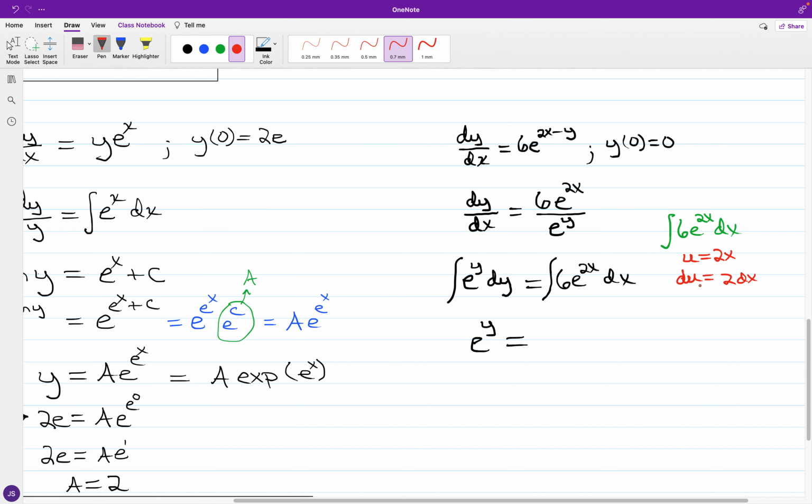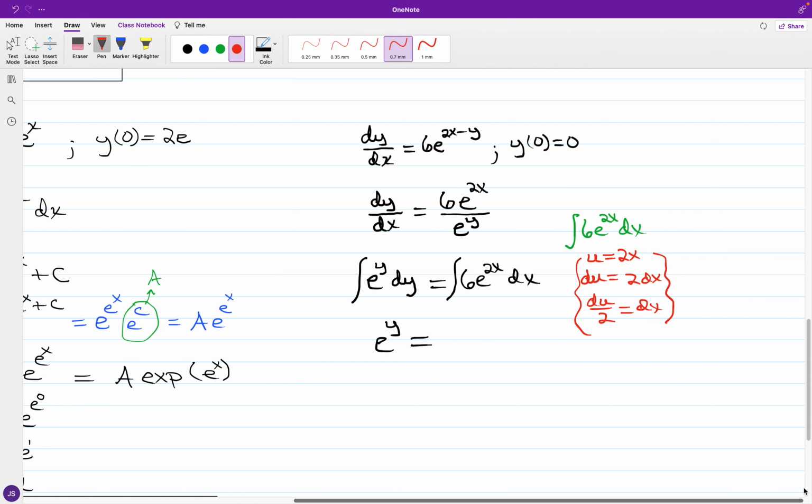So just taking the differential, du is equal to 2 dx, and du over 2 is equal to dx. So we have the integral of 6 times e to the u dx.